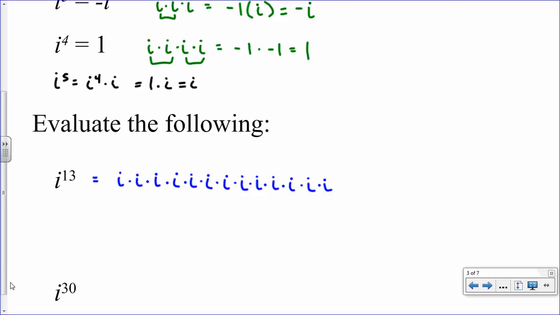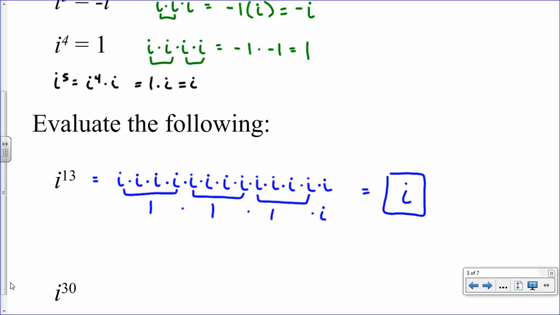So here's 1, 1, 1. So 1 times 1 times 1, and then I have i left over. So i to the 13th is i.